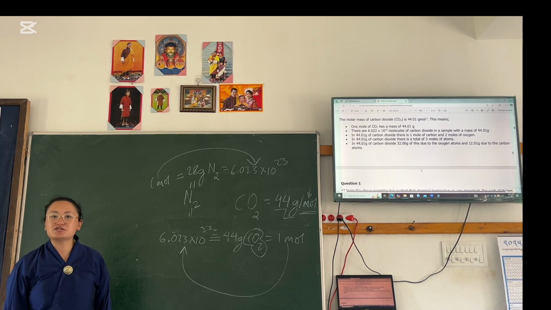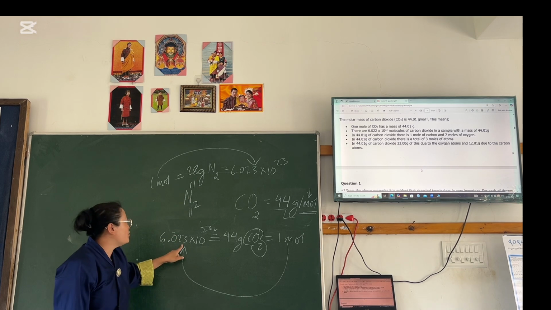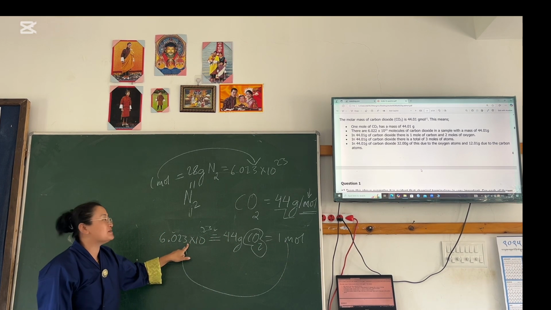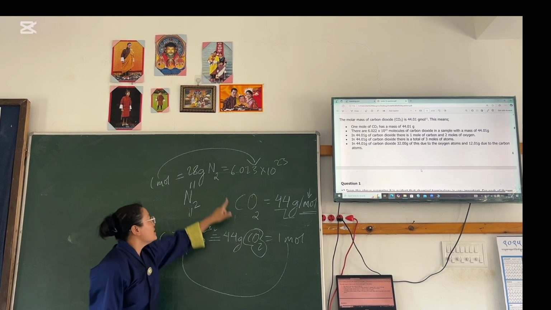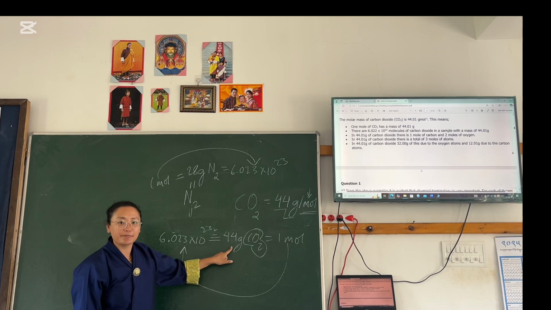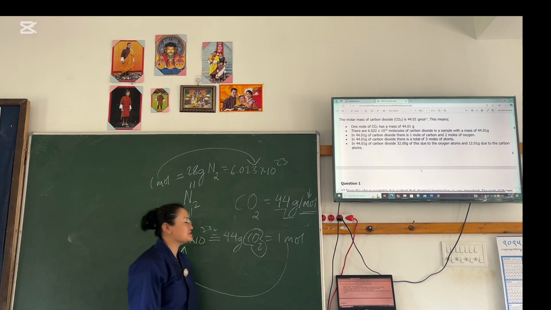Only the mass is different. See here, 44 grams, here it is 28. But in both cases, we are taking 1 mole. So in that mass, this many Avogadro's number is there for CO2. But if it is nitrogen, it is 28 grams, not 44. Different substances will have different mass.